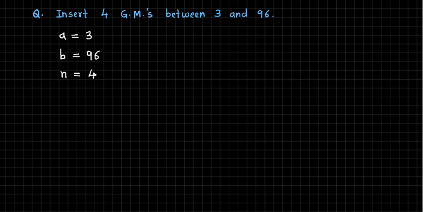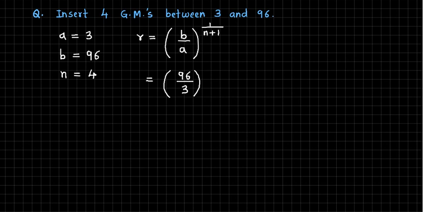Now we know the formula of r is nothing but b upon a whole raised to 1 upon n plus 1. So in our case we have r is nothing but 96 upon 3 whole raised to 1 upon 4 plus 1.